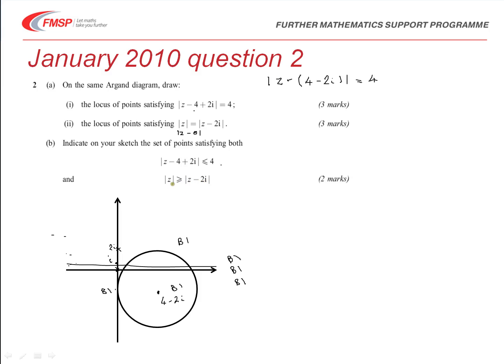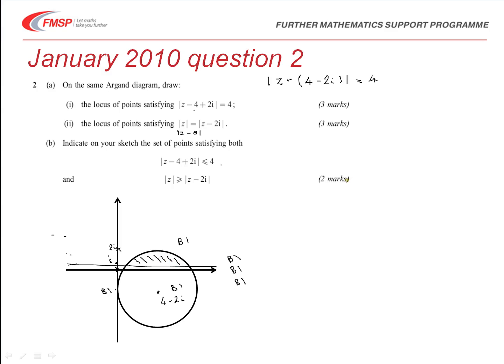So in other words, the points are closer to 2i than they are to 0, which means they must be above the line. So the points that we're interested in must be above the line and inside the circle. So it must be this region in here.